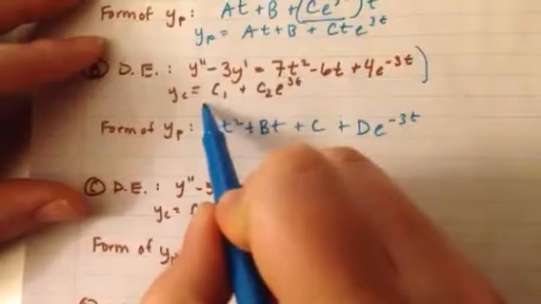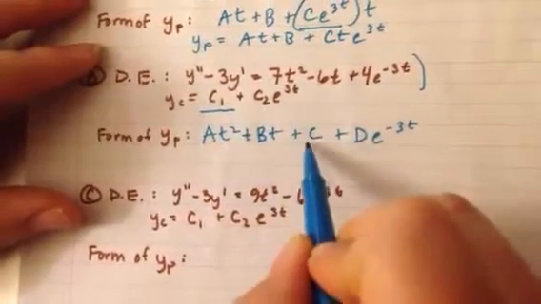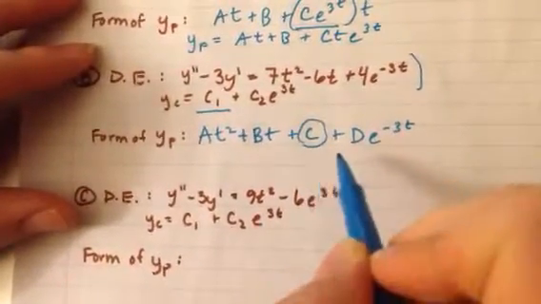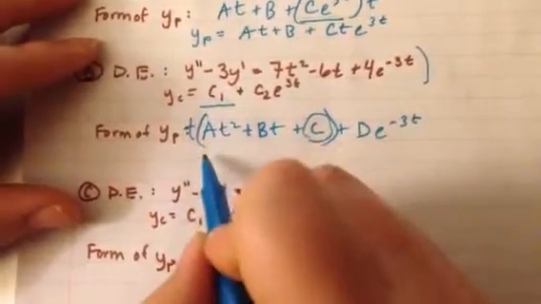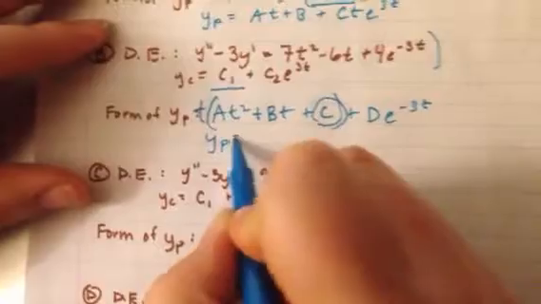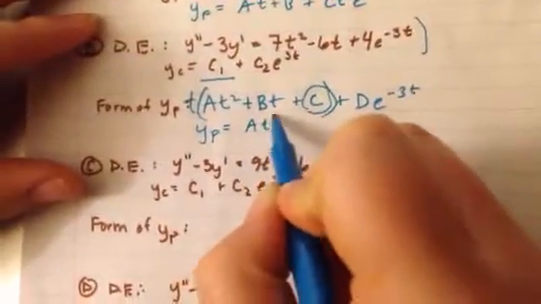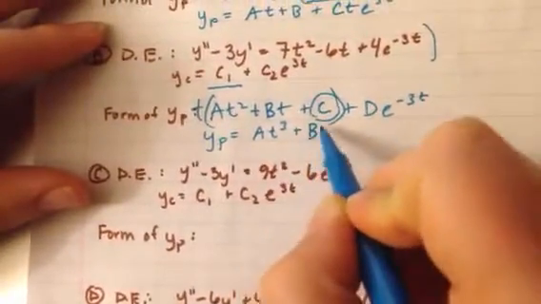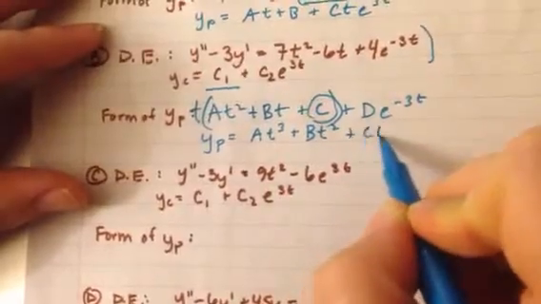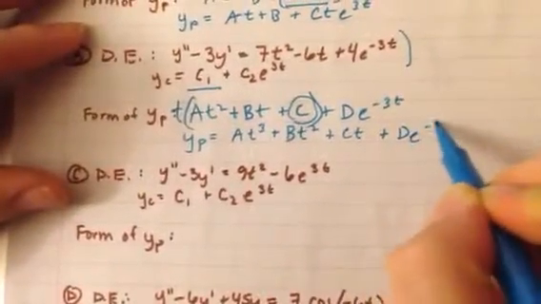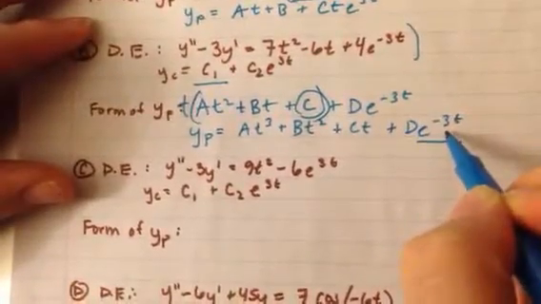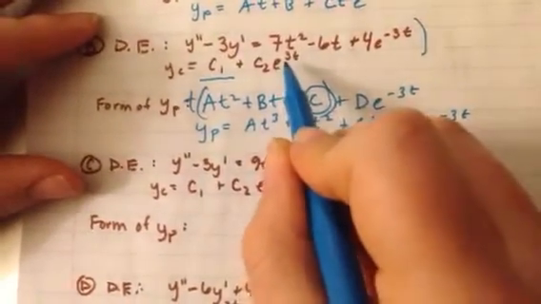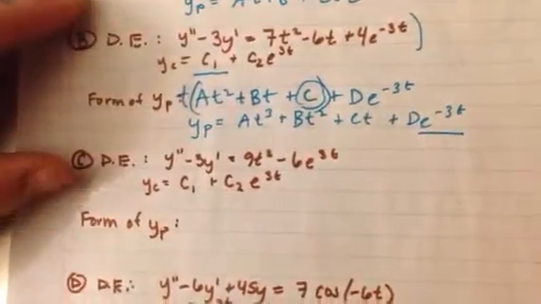But with this one, since we have this constant here, this c, we need to change that. So this whole piece is going to be multiplied by t. So finally, yp is going to be equal to at cubed plus bt squared plus ct plus d e to the negative 3t. And because this is raised to the negative 3t, we don't have to change it because this is positive 3, so they're different enough.